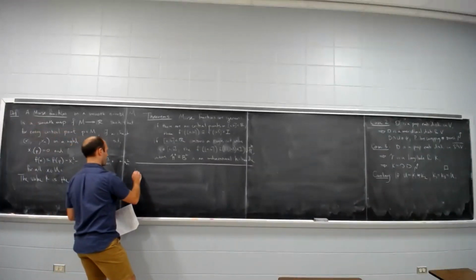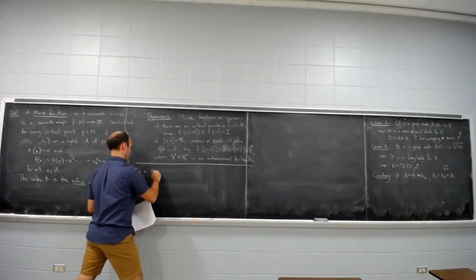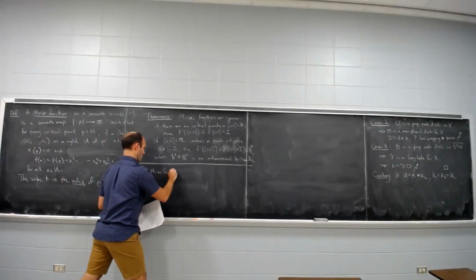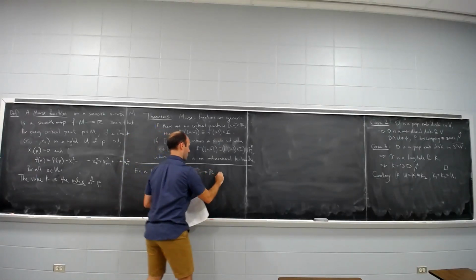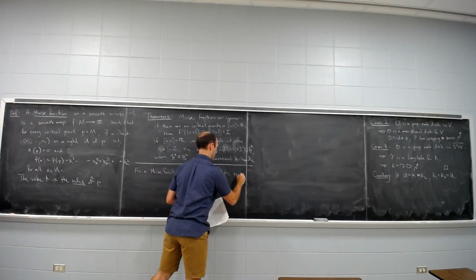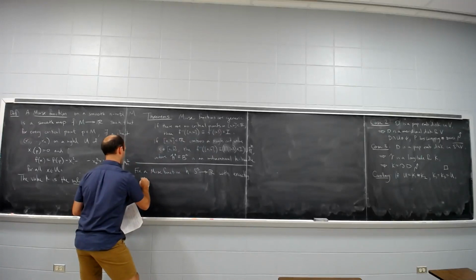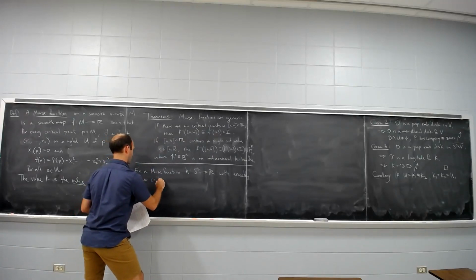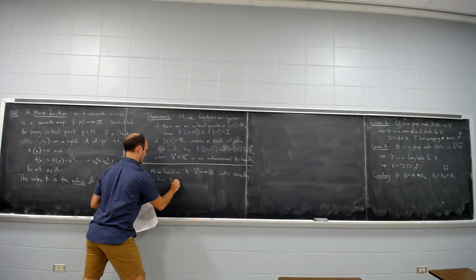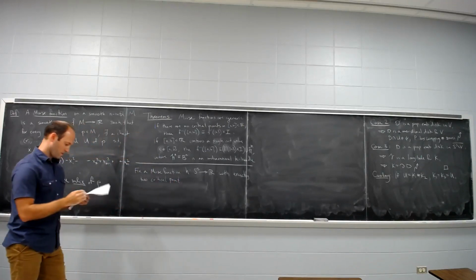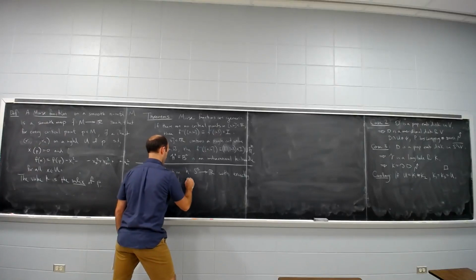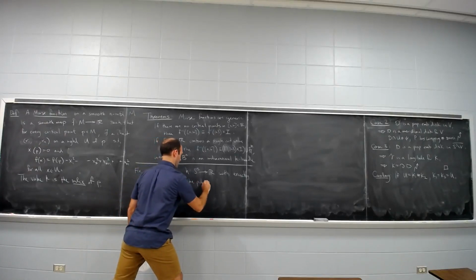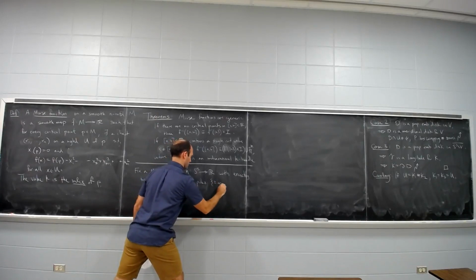But we're going to fix a Morse function h from the 3-sphere to R with exactly 2 critical points, which we assume to be the poles, plus or minus infinity.